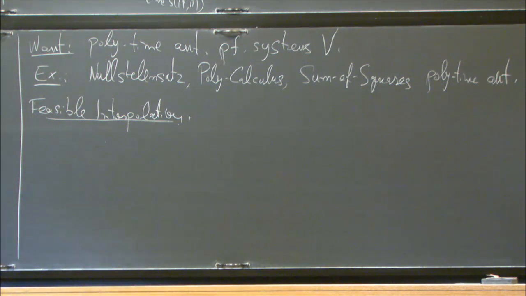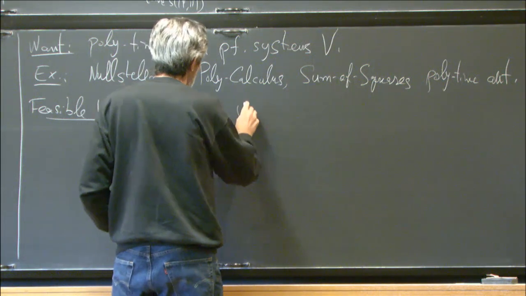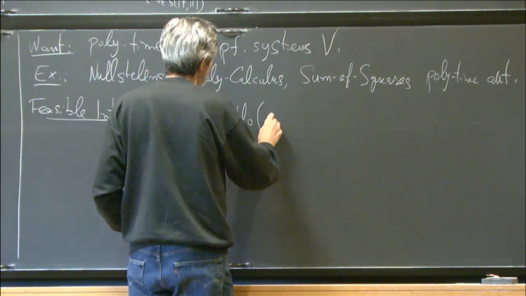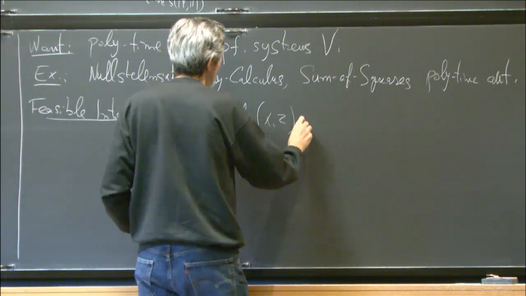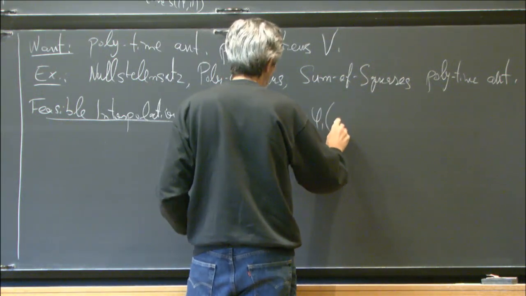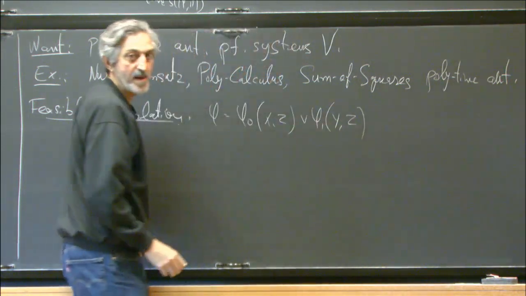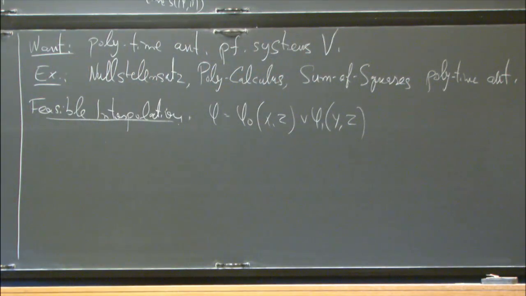The type of tautologies that we are talking about are of the form phi 0 of x, z or phi 1 of y, z. So these are sets of variables x, y, z, disjoint sets of variables.